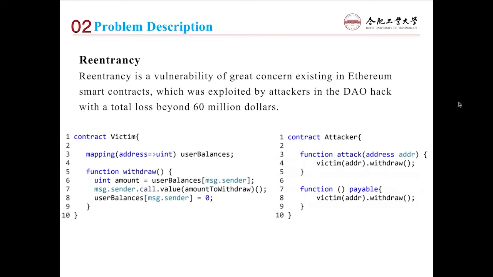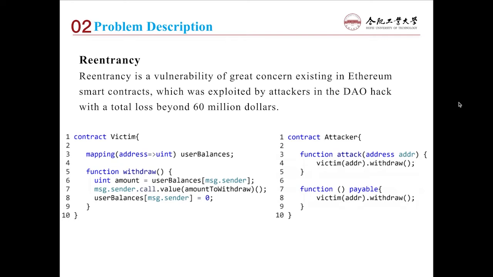There are two contracts in the picture. Contract attacker attempts to steal the Ether from contract victim, a simplified version of a digital wallet with a reentrancy vulnerability, by exploiting the fallback mechanism. To be specific, attacker executes its attack function to invoke the withdraw function in victim.